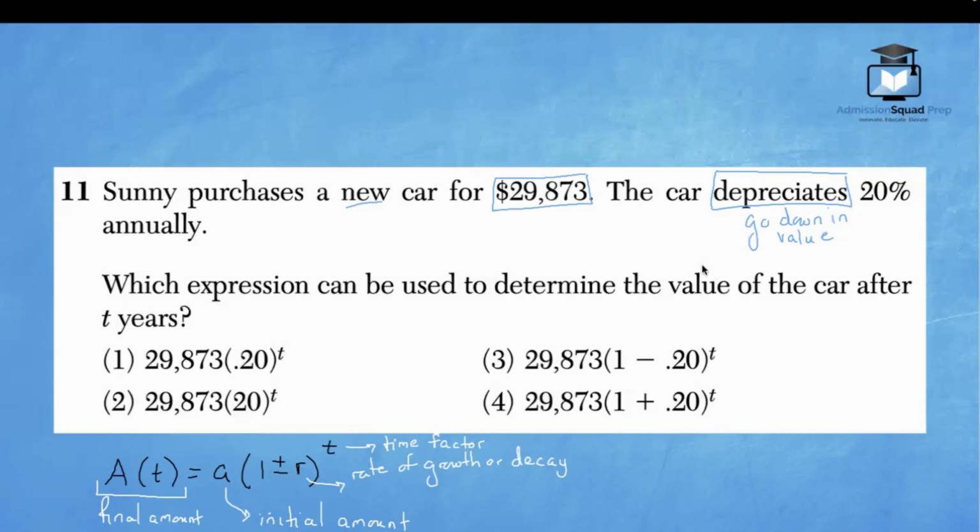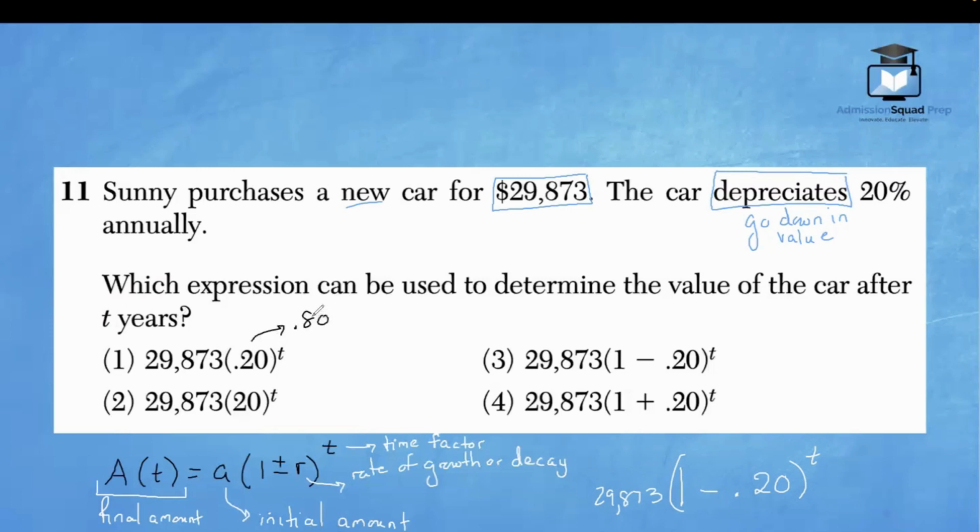It makes sense that since the car is depreciating by 20%, we would have 1 minus 0.20 in the parentheses. And of course, our initial value, 29,873, would be right outside the parentheses to the left. So if you look at answer choices 1 and 2, where it's just an actual decimal, the correct answer here would actually be 0.80.